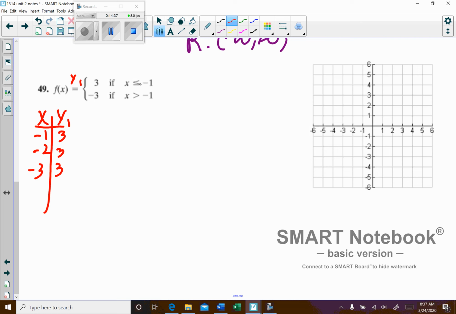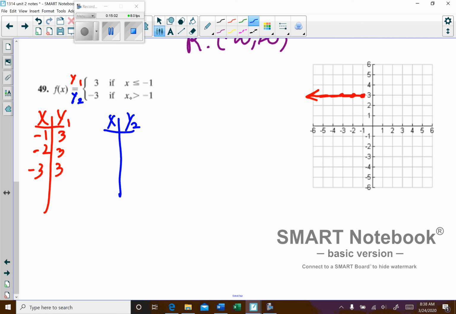Now, negative 1 is included, so we'll have a solid point right there. Okay, and then negative 2, and negative 3, and so on. That pattern would continue on, so you have all those values right there. Then the second one, we'll call that one y2. So x and y2.